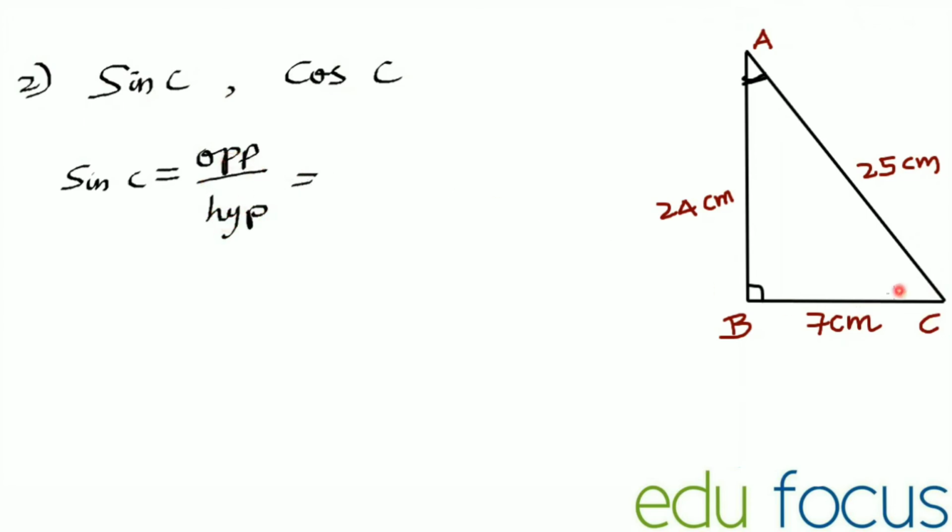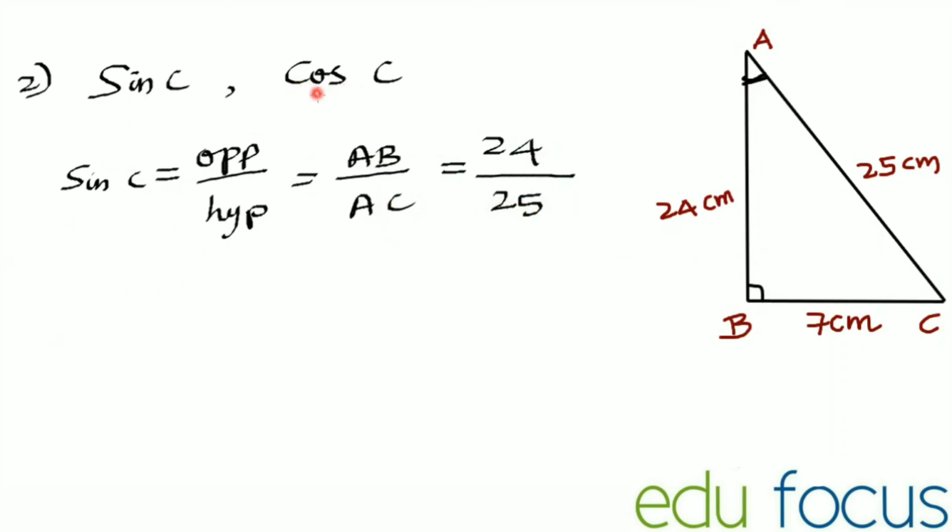For C, the opposite is AB, not BC, because we are considering angle C. AB by hypotenuse AC. AB is 24 centimeter, and AC, the same hypotenuse, is 25.